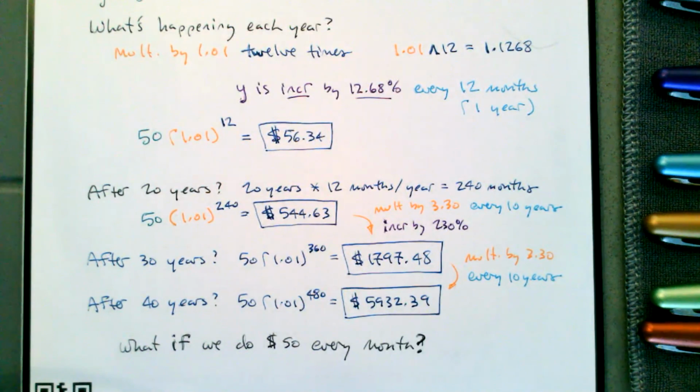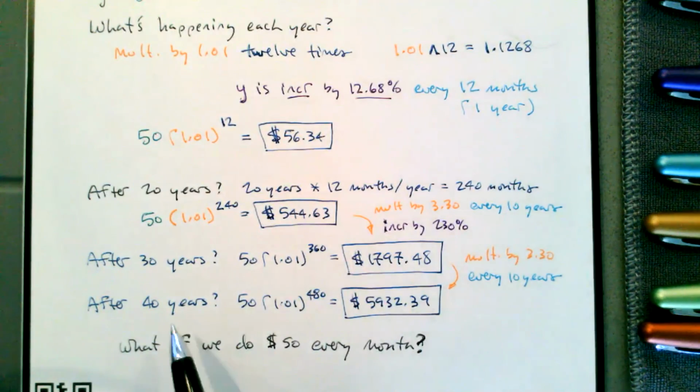What if that $50 went in not just in one month, but every month for the next 40 years? Or what if we don't have $50 now, so we do $10 a month, or even just $5 a month? How do those things build up over time?